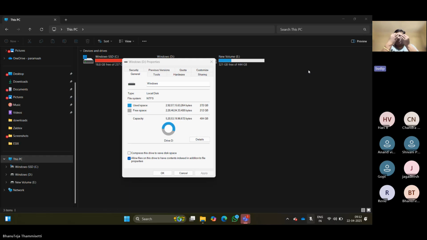So quickly go to Wikipedia and tell me what does NTFS stand for? All Windows laptops and all Windows servers will have this, NTFS. Bhanu, can you open a new tab and go to Wikipedia and type NTFS so that everybody can see on the screen?